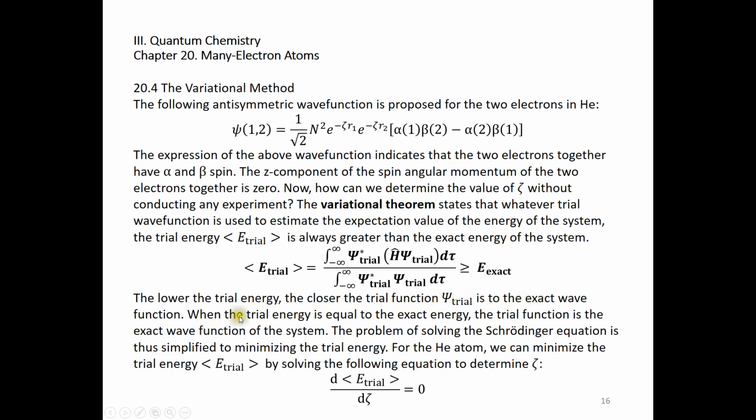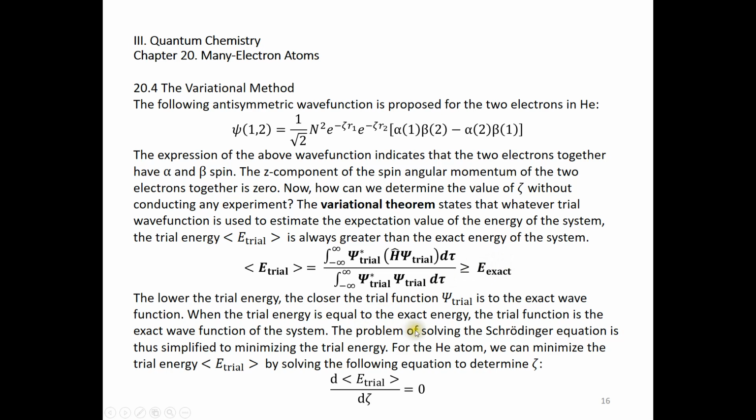So how can we solve for the exact wave function? One way is to propose a trial function with parameters, and then minimize the trial energy by varying those parameters. When the trial energy is truly minimized, it is equal to the exact energy.